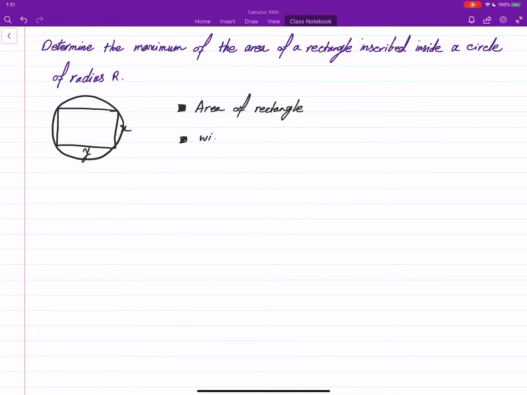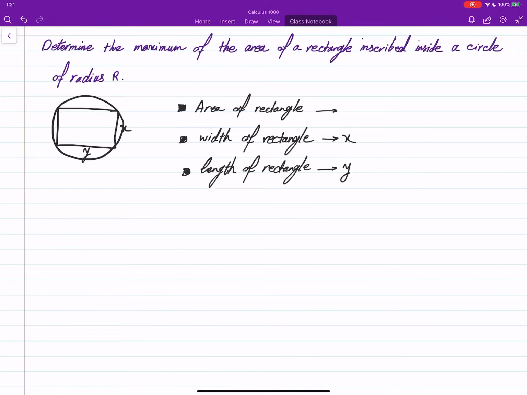So at least these are the quantities we have to deal with. Let me call the width x, the length y, and then the area, let me write A is equal to xy. Length times width, yes.